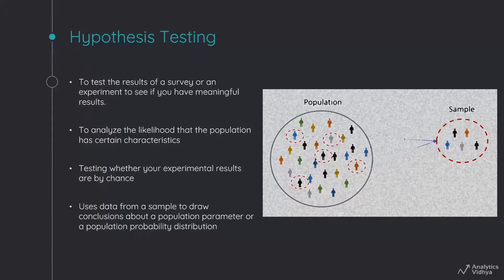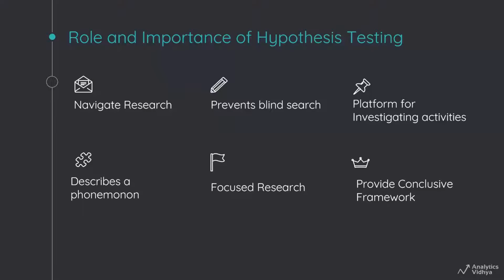Now, why is this important? Why is hypothesis testing important, and what is its role? Take any research paper, whatever experiment they conduct, in any field, be it manufacturing, clinical trials of medication, drug discovery, or machine learning models.